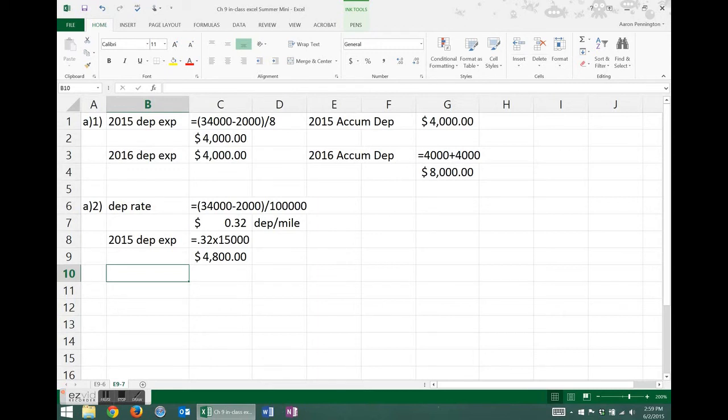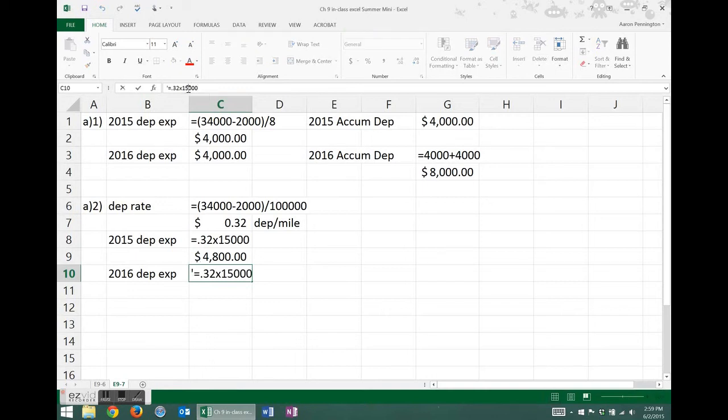That's $4,800. 2016 depreciation expense is going to be equal to the same, except we're going to use 12,000 miles, which was the actual mileage given for 2016. That's $3,840.